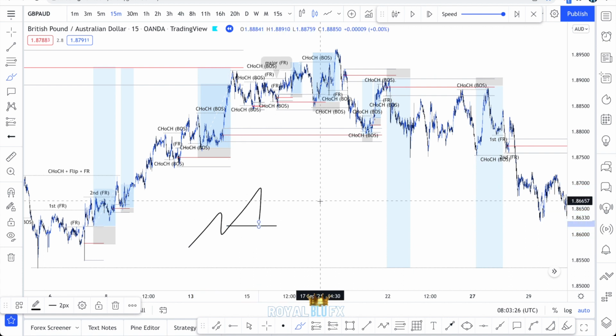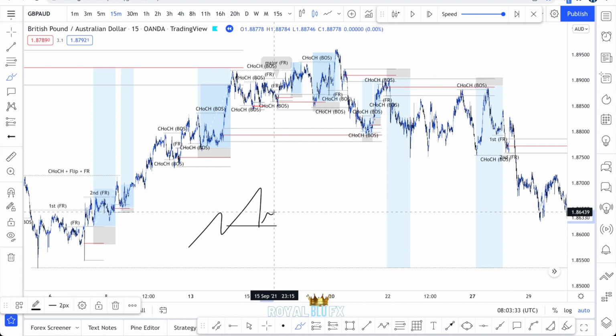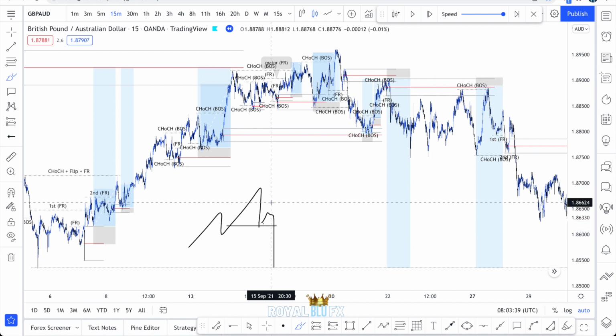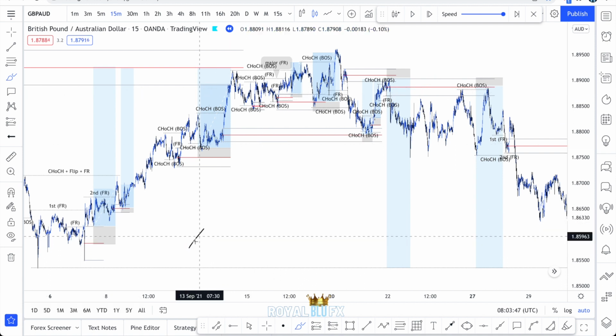This is just something for you to keep an eye on and pay attention to, that price may have the excuse to pull up a little bit and then break to the downside like this, and then you would understand why this impulsive movement to the downside happened, rather than having a smooth retracement to the downside.